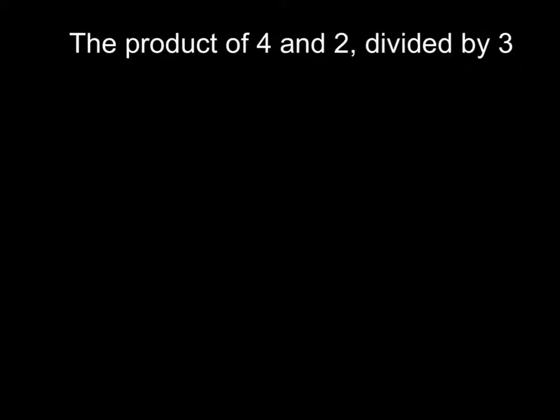Now we're going to move on to looking at words instead of tape diagrams and finding a way to turn those into expressions that involve fractions. So, the product of 4 and 2, divided by 3. And you notice that this comma after the 2 is serving to group the product of 4 and 2 together. And then a separate part is divided by 3.